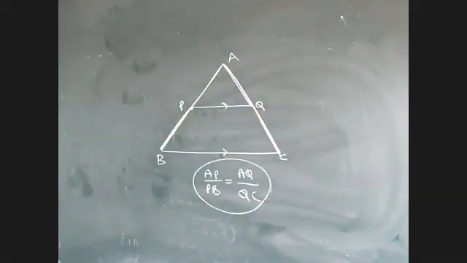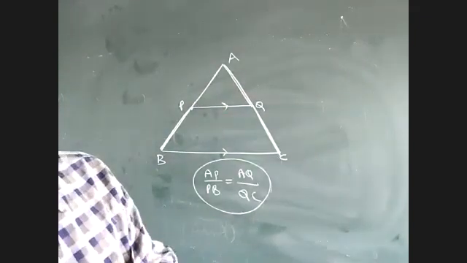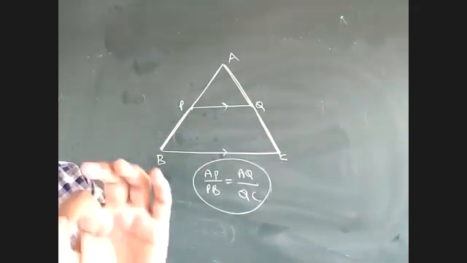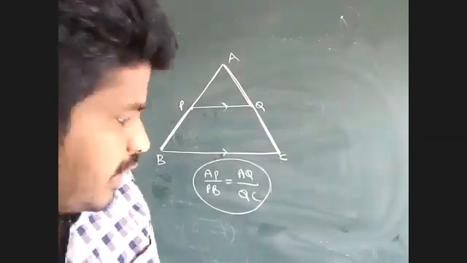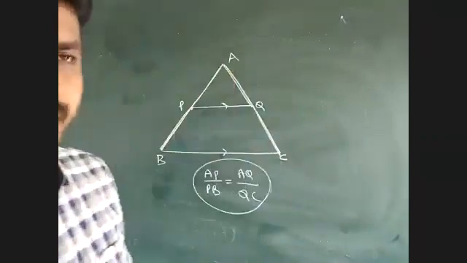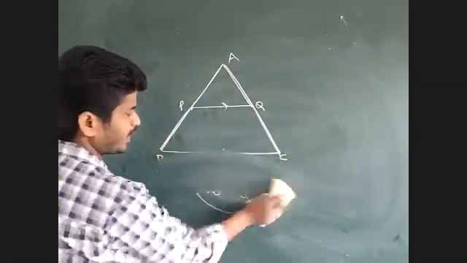So before I start the basic proportionality theorem, I will explain a small activity. The activity is: take one ruled paper. Ruled paper is nothing but lined paper.